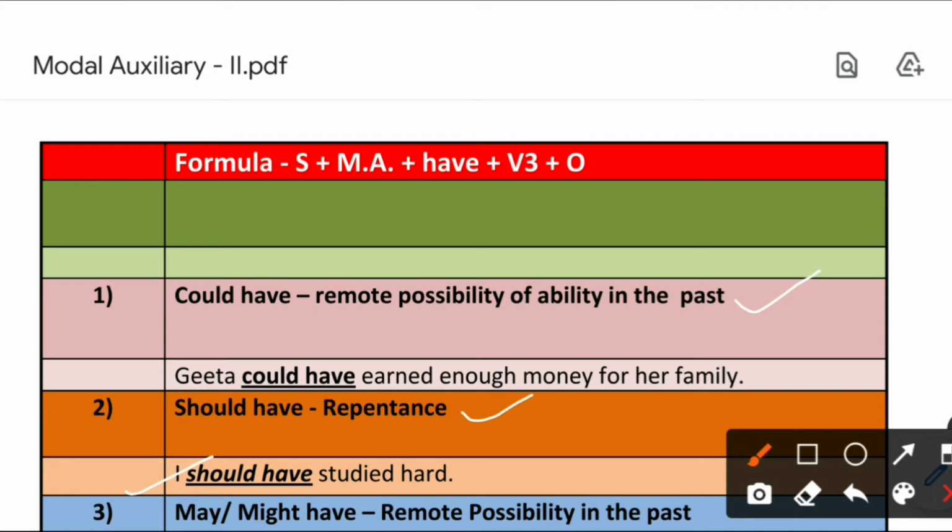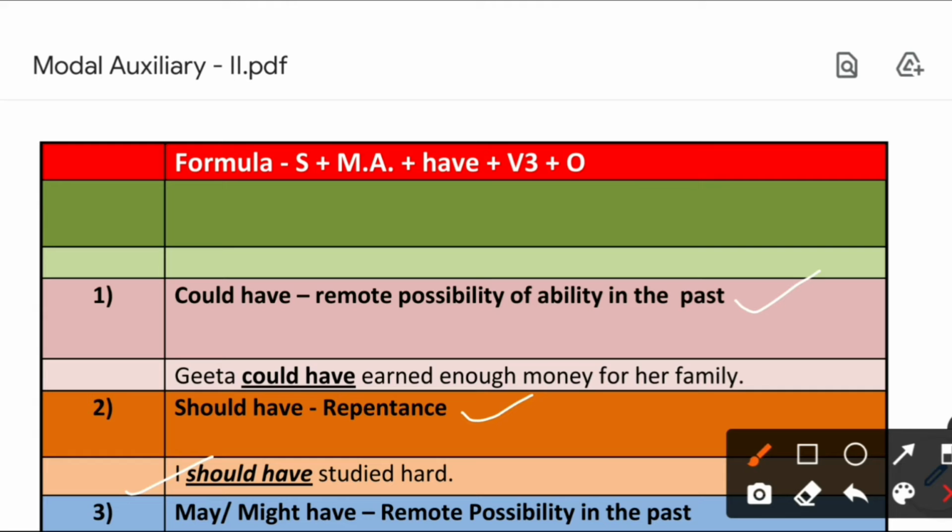Now, I should have studied hard. This is an example of repentance. I dare to say that almost every one of us has this repentance at least once in a life. Like, I should have studied hard during my college days.